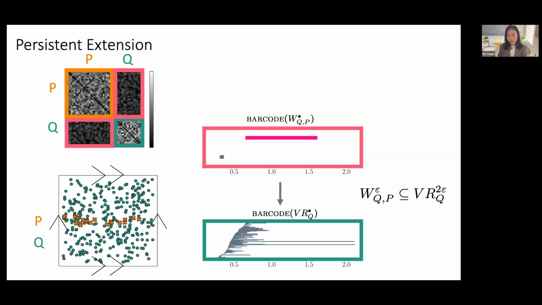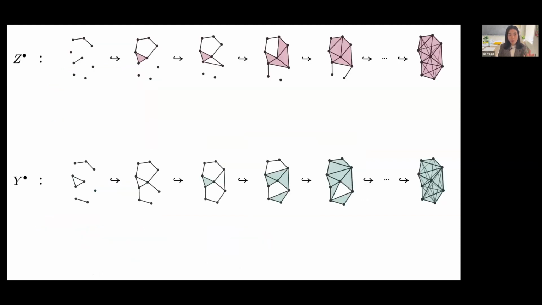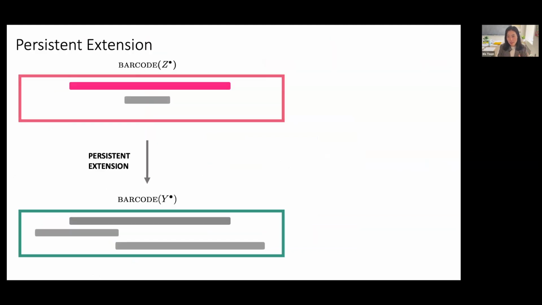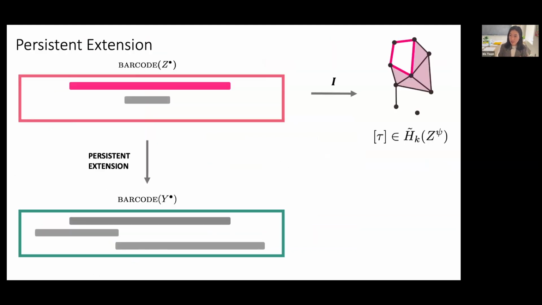To illustrate how we do this comparison between the witness barcode and the Vietoris-Rips barcode, just remember that these are two different filtrations built on the same vertex set, and we have these two barcodes. We have one long bar on the top filtration, and we want to understand how this is manifested in the bottom barcode. We break up this process into three different steps.